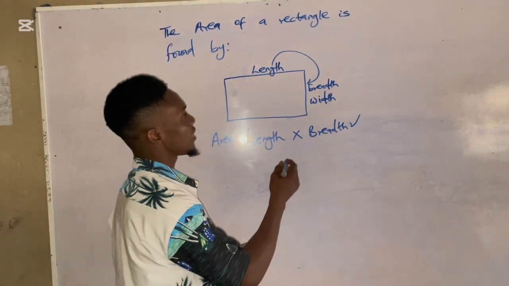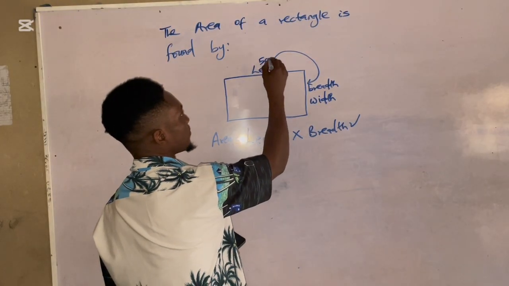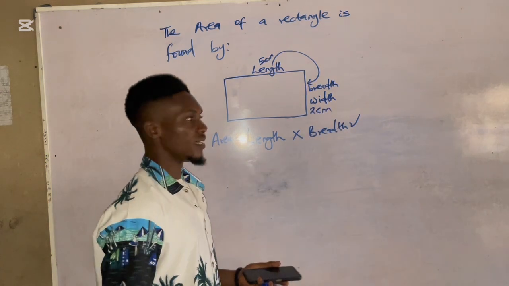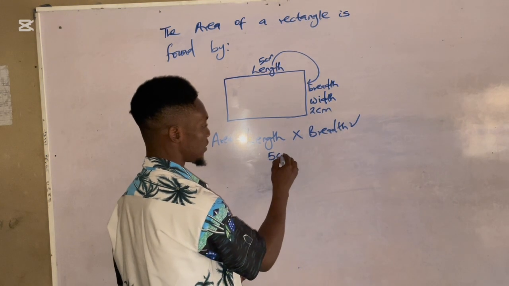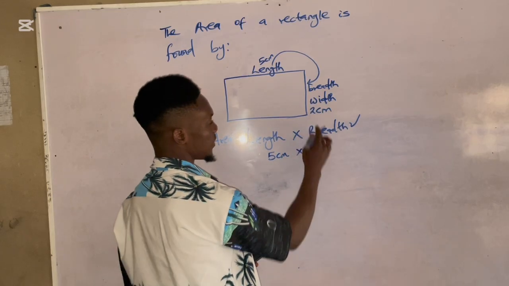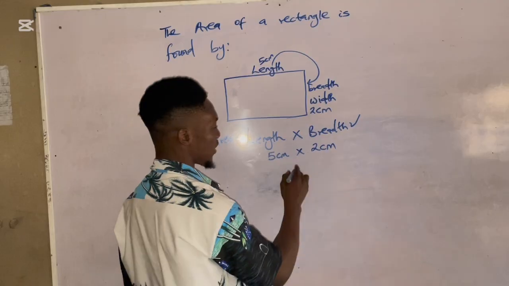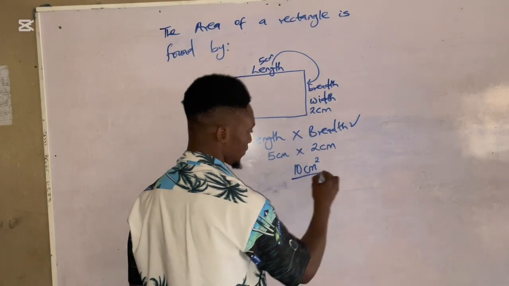Sometimes they can tell you in a rectangle the length is 5 cm and the breadth is 2 cm. What is the area? You just input in this formula. Your length is 5 cm times breadth is 2 cm. Then if you multiply 5 cm times 2 cm, it will be 10 cm squared.